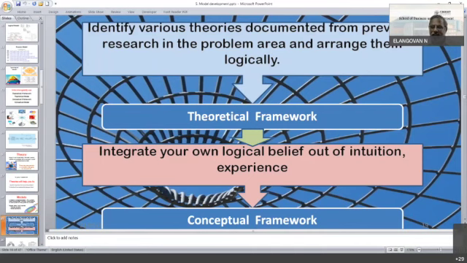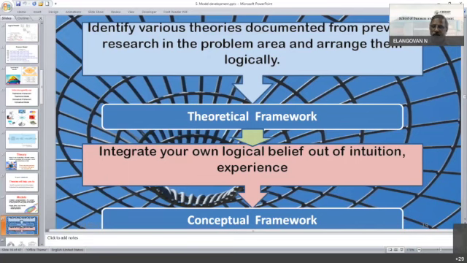So when doing a review of literature, if I come across a theory and I model it, that is a theoretical model, a model representing a particular theory. But if I make modifications to that, add a variable or change a connection, and use that for my research, that becomes a conceptual model or a conceptual framework.